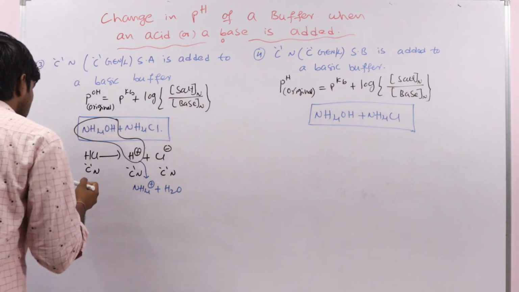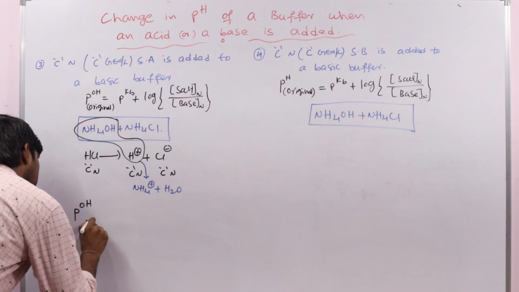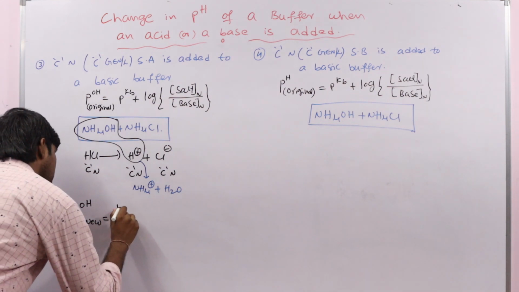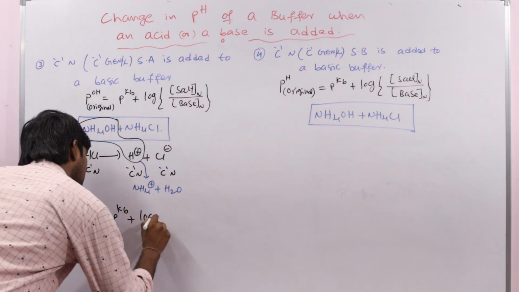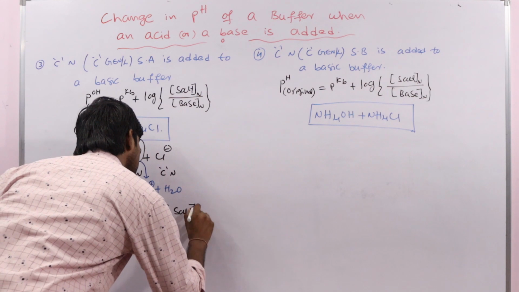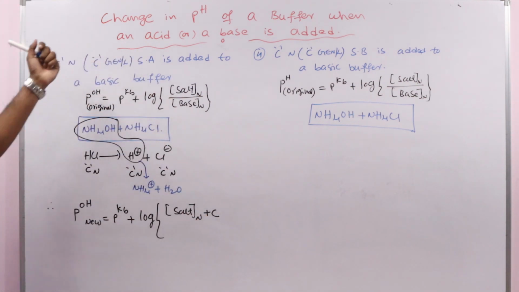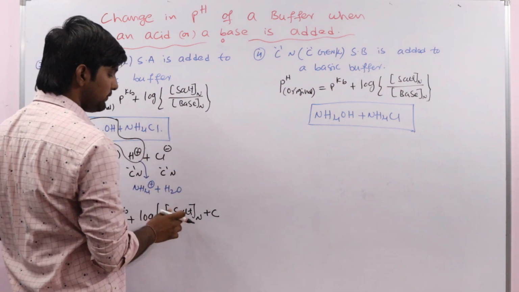Therefore, pOH new is equal to pKb plus log of concentration of salt plus C by concentration of base minus C. Why? C normal of salt is formed, yes or no?